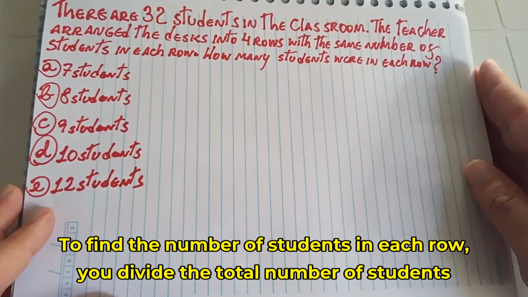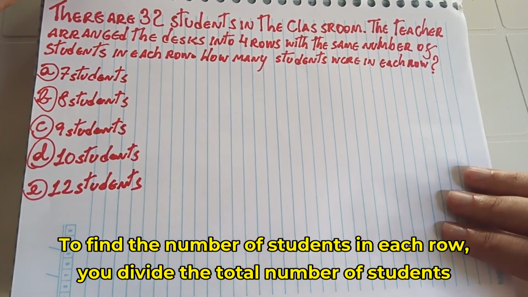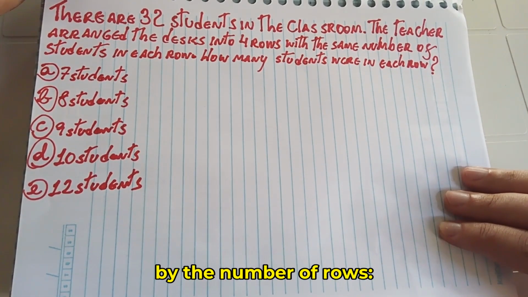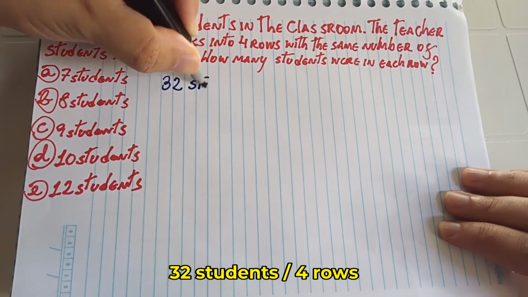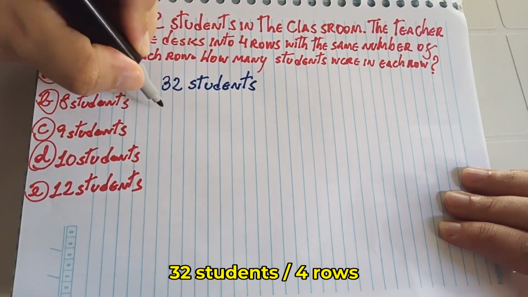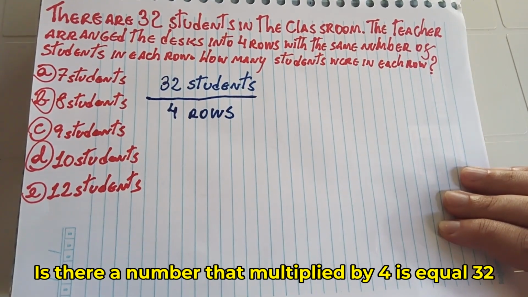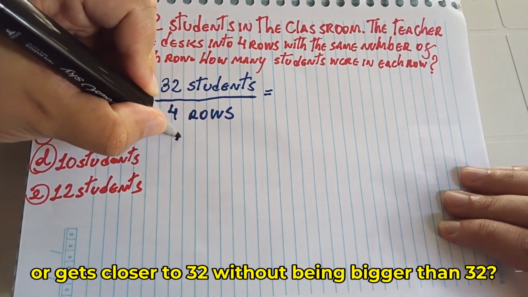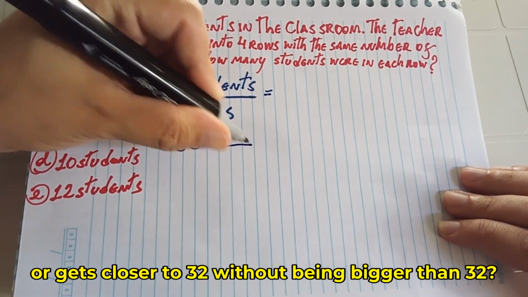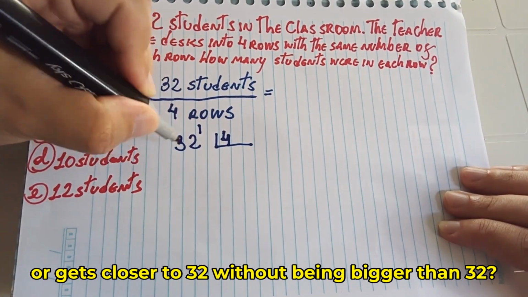To find the number of students in each row, you divide the total number of students by the number of rows. 32 students divided by 4 rows. Is there a number that multiplied by 4 is equal to 32 or gets closer to 32 without being bigger than 32?